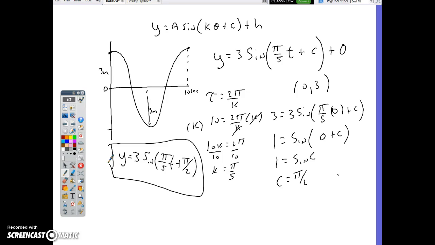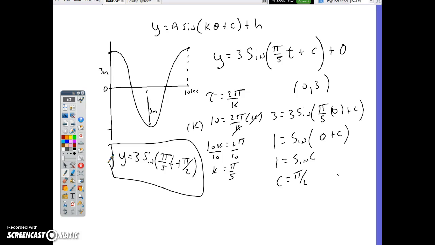So 5 seconds after this thing starts, Miss Kirkland, what's its value? Plug 5 in there. So let's plug in 5 and see what you get. Pi over 5 times 5 plus pi over 2.